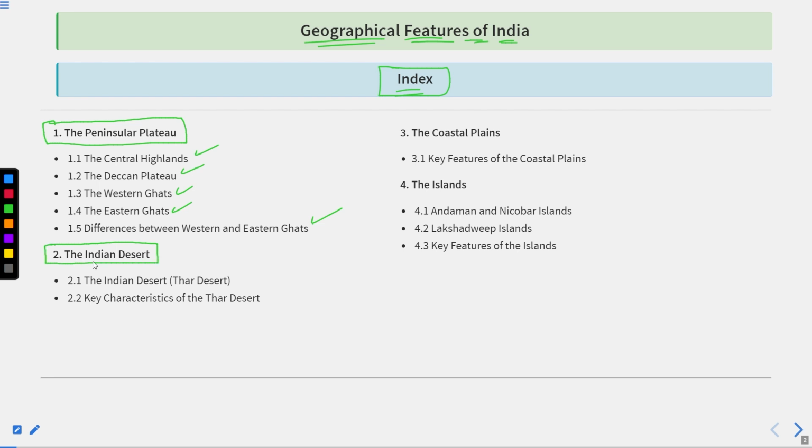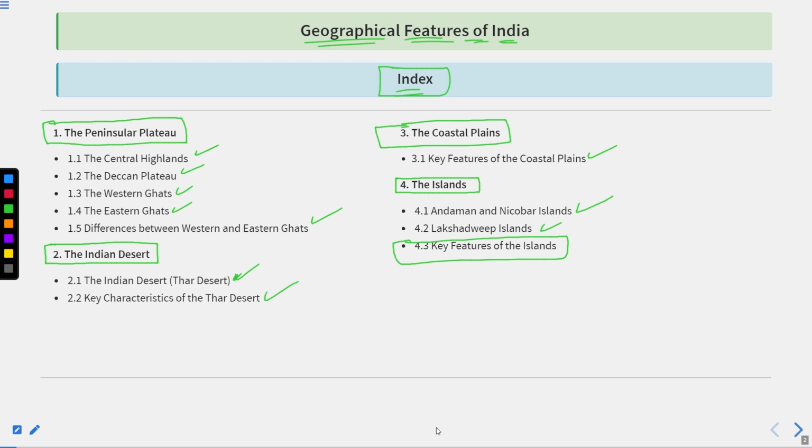Thereafter we will have the Indian Desert, also known as the Thar Desert, and the key characteristics of the Thar Desert, then the coastal plains and their key features. Thereafter, the islands, in which we have the Andaman and Nicobar Islands and the Lakshadweep Islands, and then the key features of these islands. So this is going to be the area of our discussion.